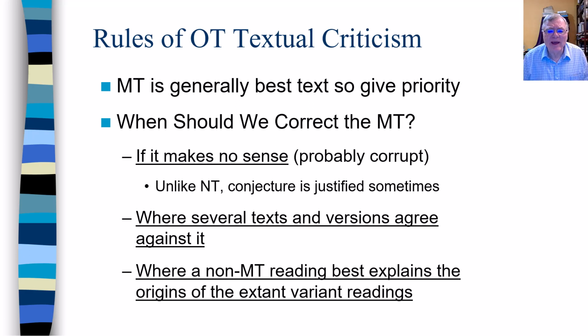If you have several texts and versions that agree against the Masoretic text, that can be a reason for suggesting that it should be corrected. Where a non-Masoretic reading best explains the origin of the extant readings, that too can be a basis for correcting the Masoretic text.